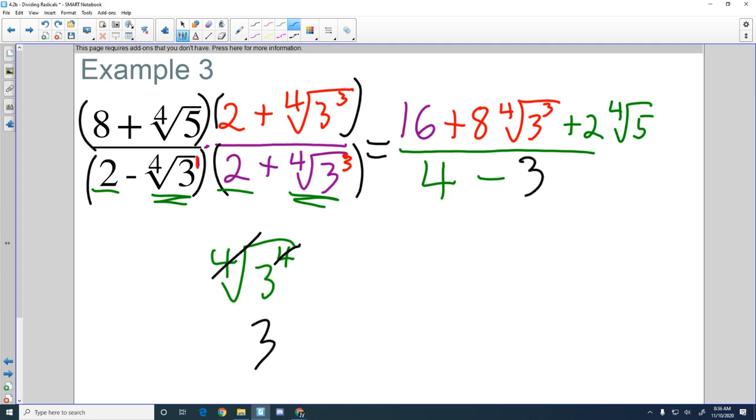And then, don't even have room for this last piece, 4th root of, well, 5 times 3 to the 3rd. 3 to the 3rd is 81. No, I'm sorry, that's 27. It's a lot easier. 27. And then 27 times 5 would be 135.